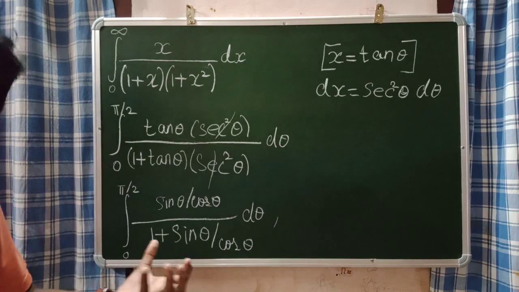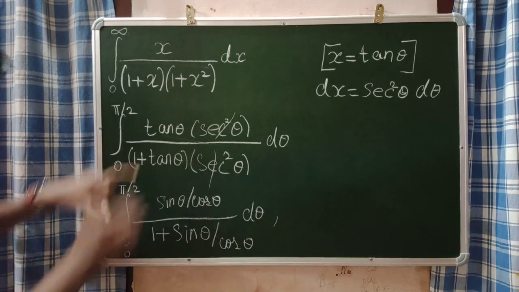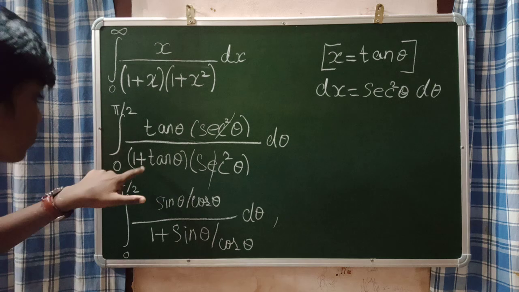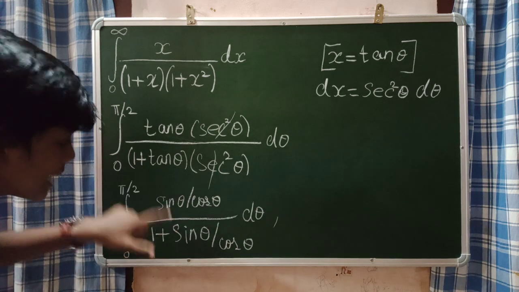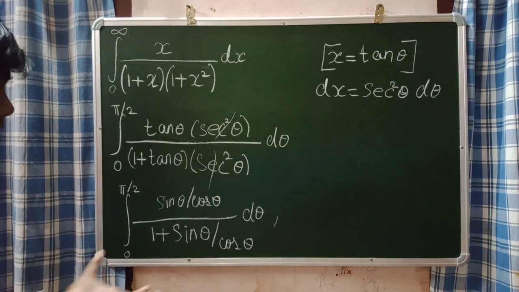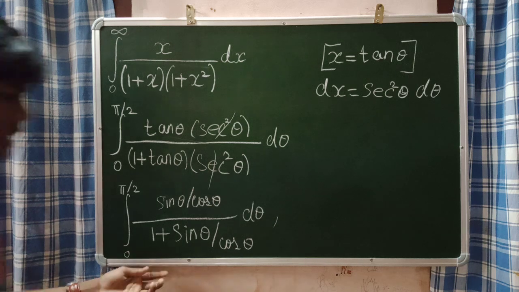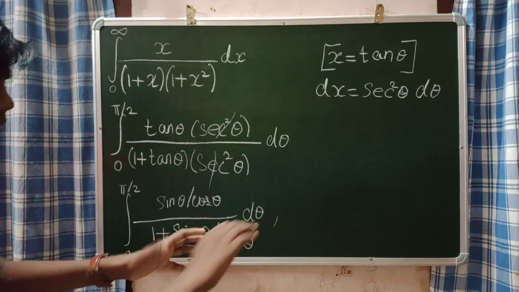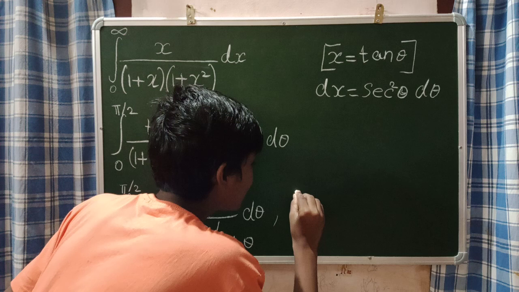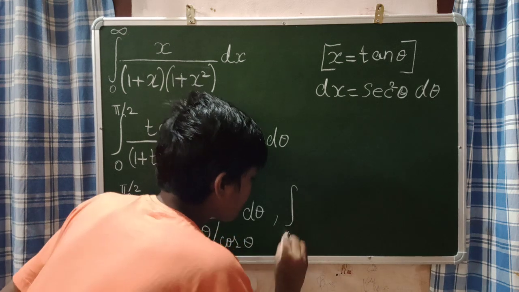Now guys, use a basic simplification of the integral. Tan theta is sin theta by cos theta, so 1 is 1 only. Now find the LCM, that means make it in the simplest form. When you make it in the simplest form, the limits are still 0 to pi by 2.